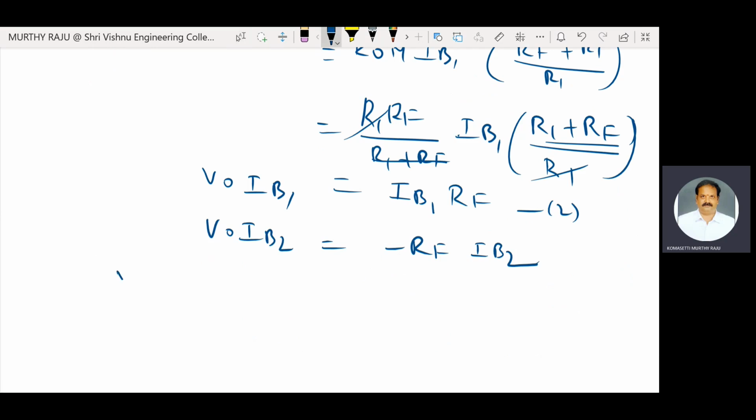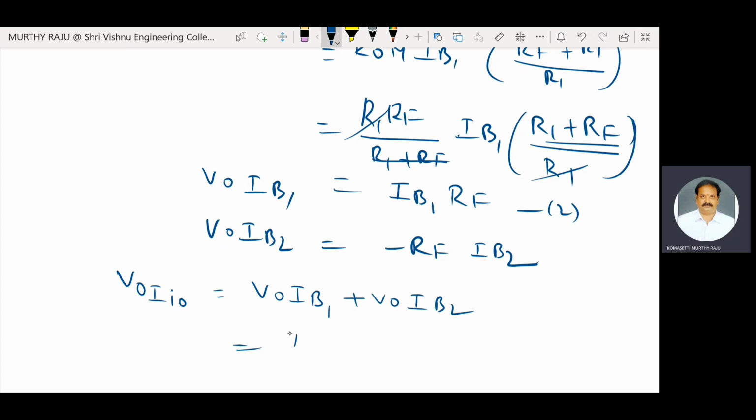Therefore, the total output offset voltage due to input offset current is equal to V0 IB1 plus V0 IB2.